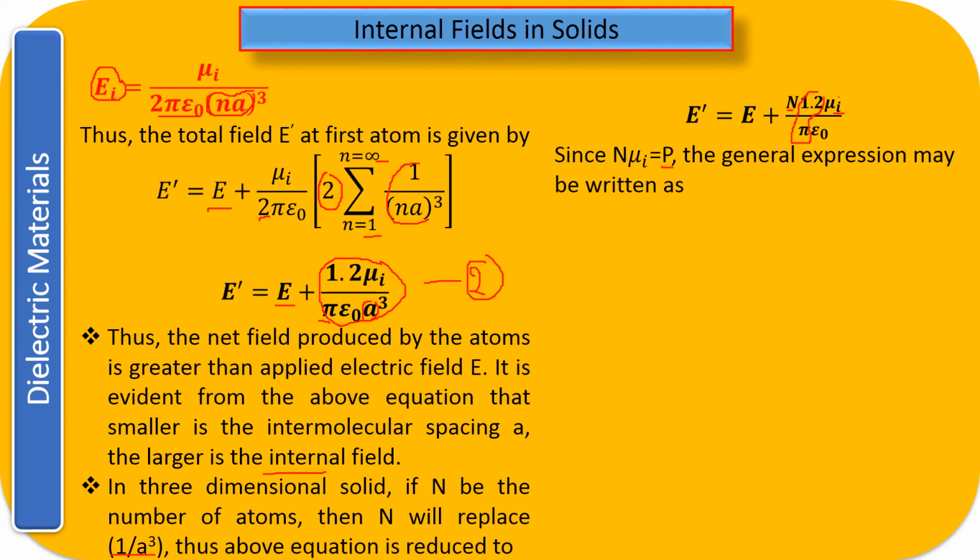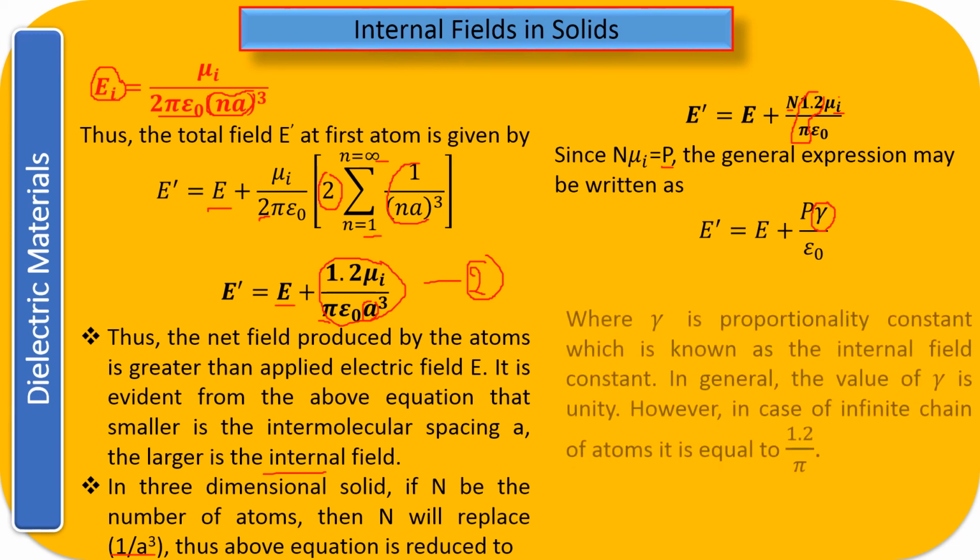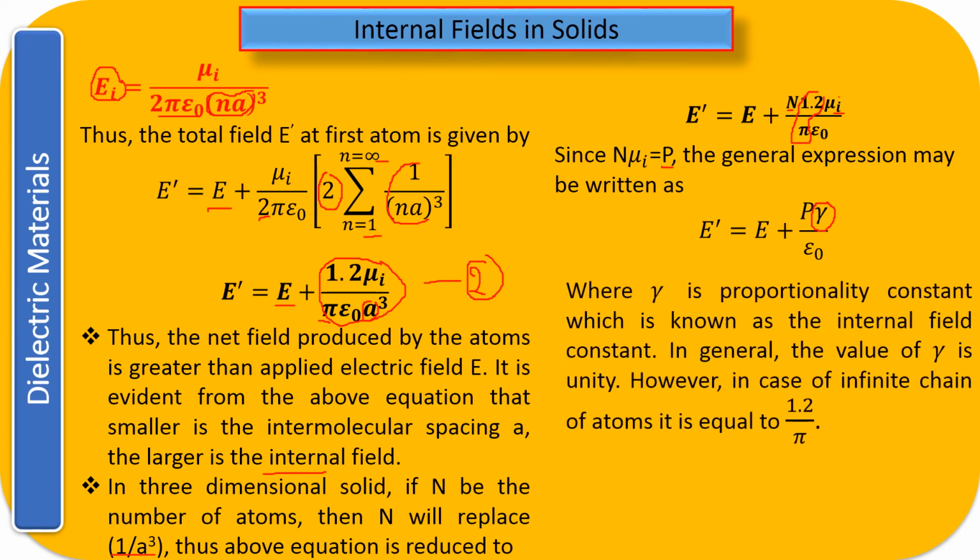So this expression can be given as E dash equal to E plus gamma P, where I have written n mu I as P, and 1.2 upon pi I have written as gamma. So the value of gamma is equal to 1.2 upon pi, just a constant, where gamma is a proportionality constant, which is known as the internal field constant.